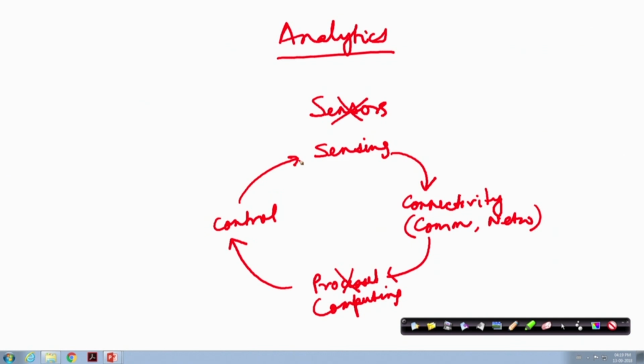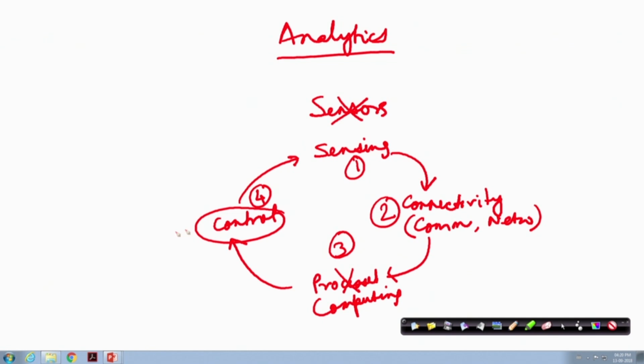So, this is more or less a loop that continuously gets executed in a real industrial setting. So, basically it starts with sensing, connectivity, processing or computing, and here we have the control.